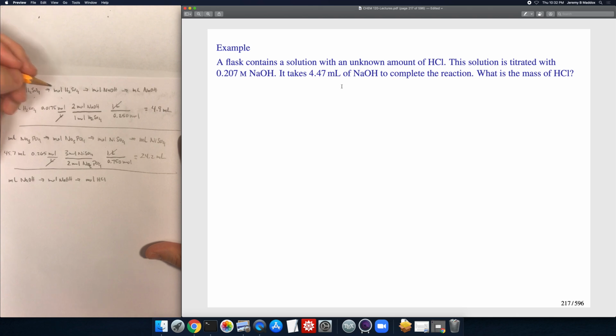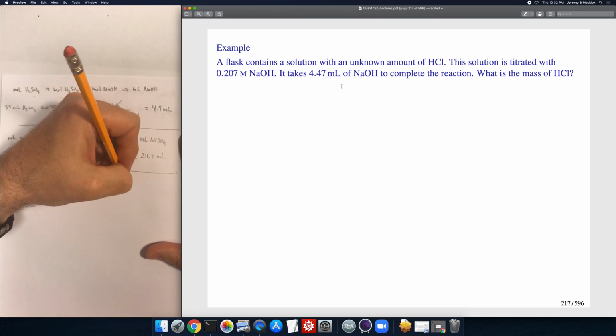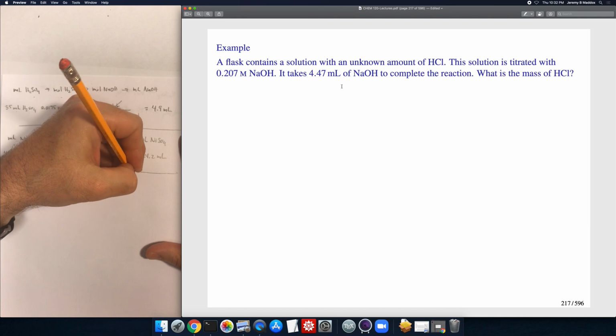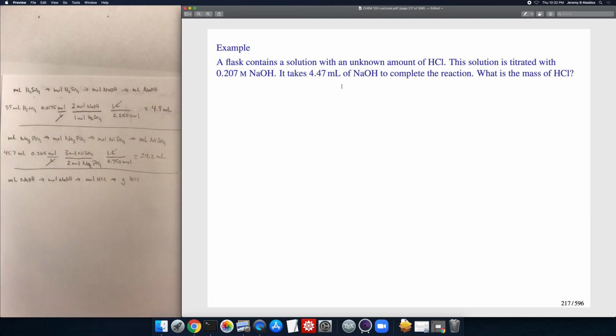And then we can convert that to the grams of HCl. So for this first conversion, we need to know the molarity of the sodium hydroxide solution. That's given to us. To do the second conversion, we need to know the chemical reaction between HCl and sodium hydroxide. We've already learned how to do that.